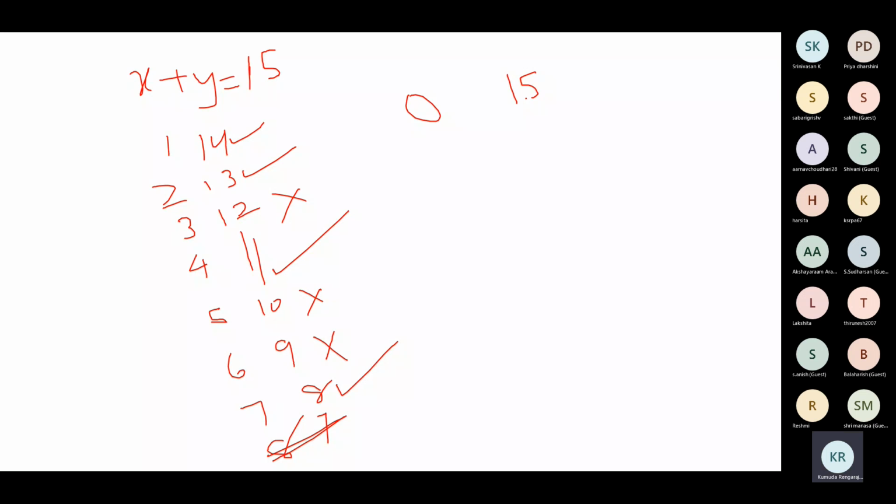The HCF is 81, children. So we took the numbers as 81x and 81y. Their sum is 1215. So then you all told me on working that you get x plus y is 15. X and y are not the numbers, children.